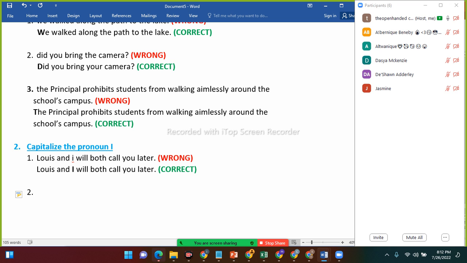Our next example we could use. Zoe and I both have brass instruments.